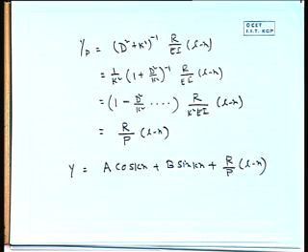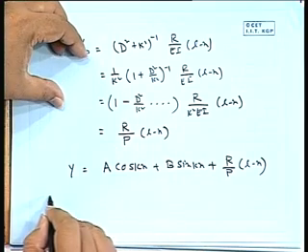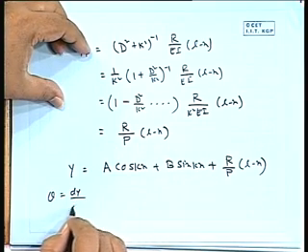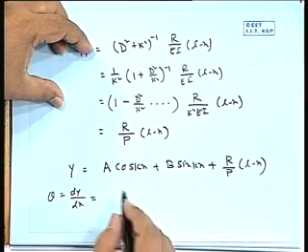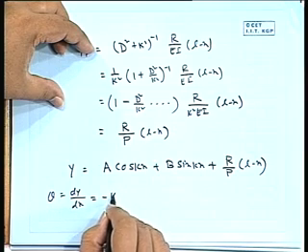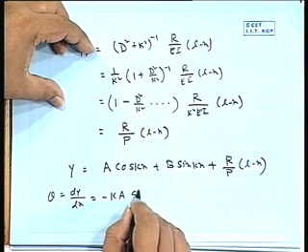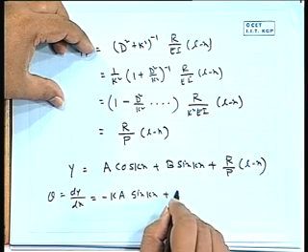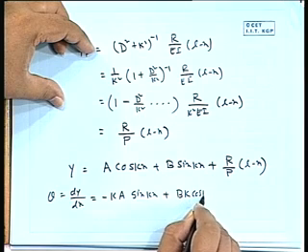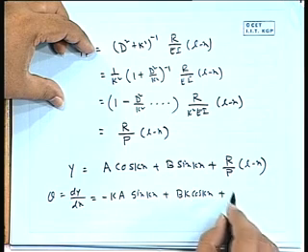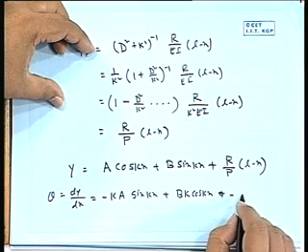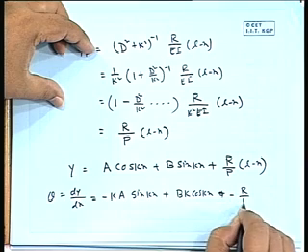Now this part we have to apply boundary condition. So here slope is also 0, one of the condition. So theta equal to dy by dx, that part also you find out, it may be required. It will be minus k a sin kx, plus b k cos kx, and this part will be minus r by p.